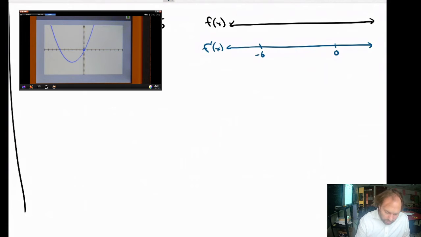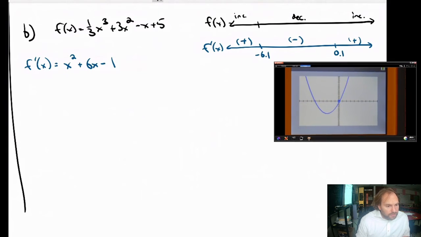It's like 0.1 and negative 6.1, maybe for accuracy. We'll call it that. But we do know that this graph is positive before that, negative in the middle, and then positive after it, which means our original graph is going to be increasing, decreasing, and increasing on those ranges there.